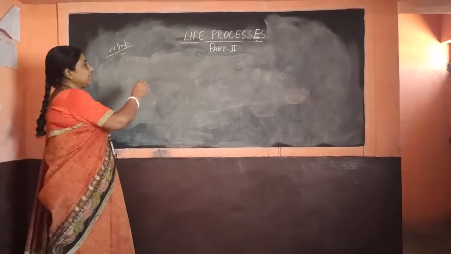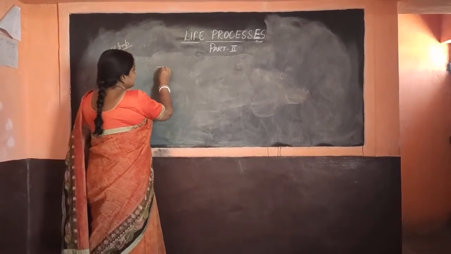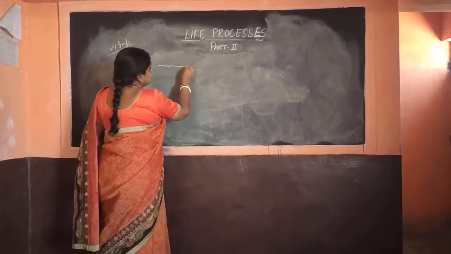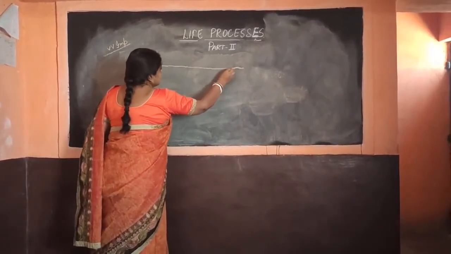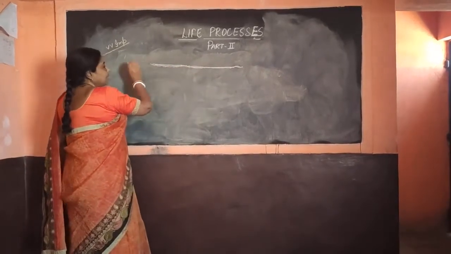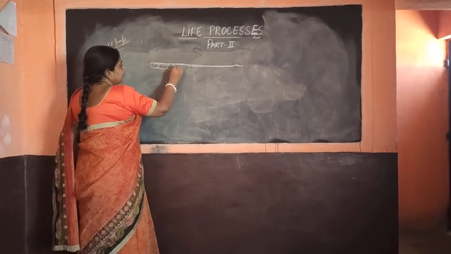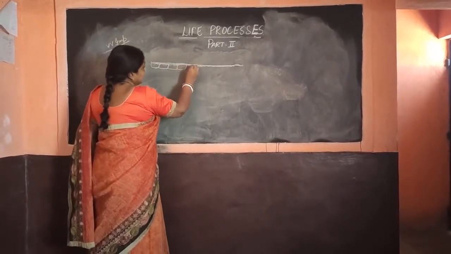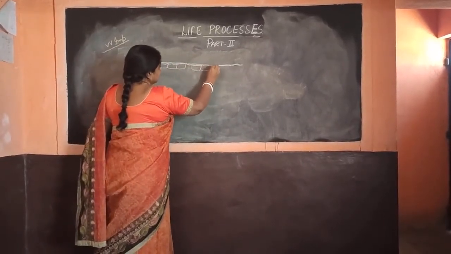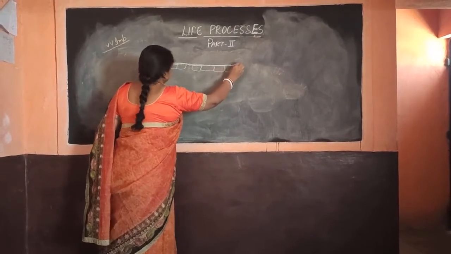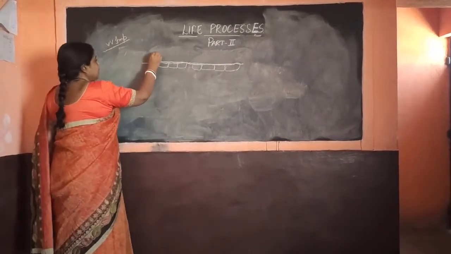Then you will see certain structures like this. You will see a layer of cuticle on the upper side. This is the cuticle.